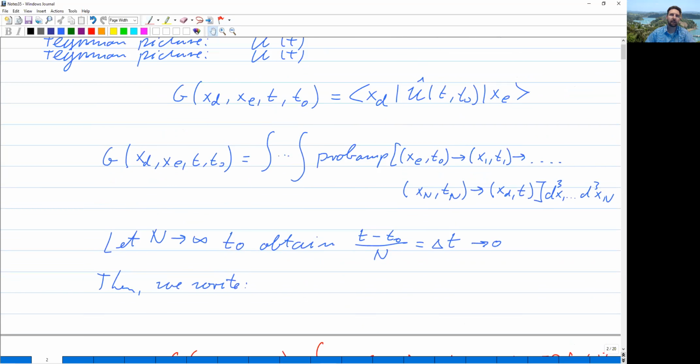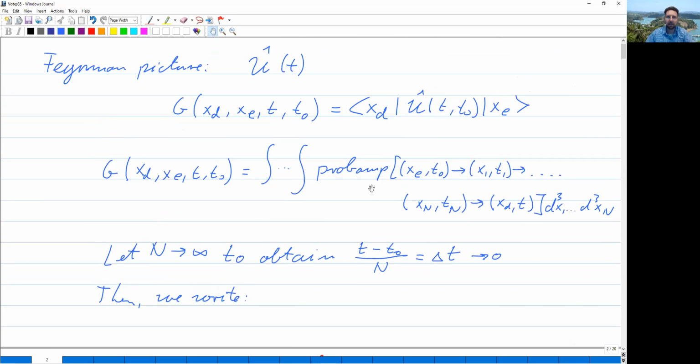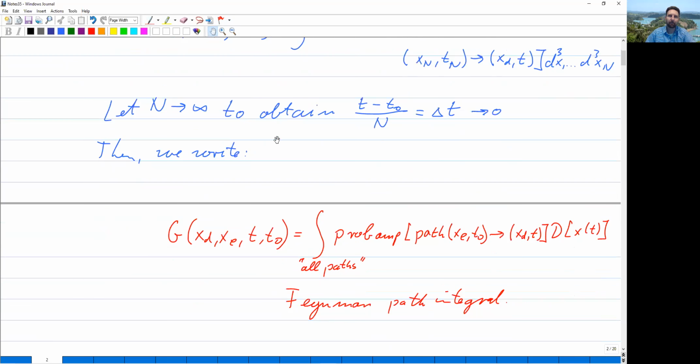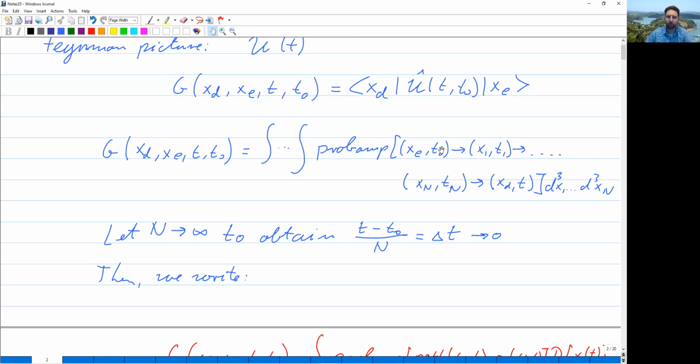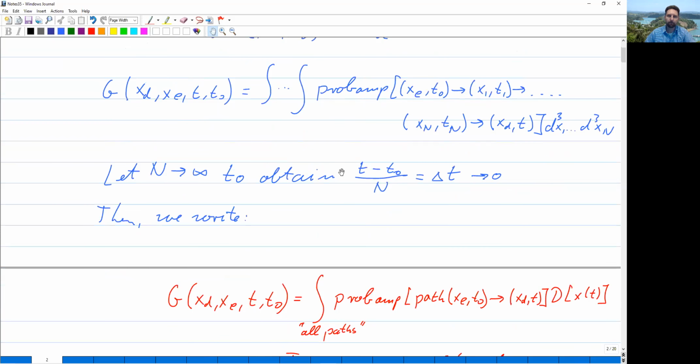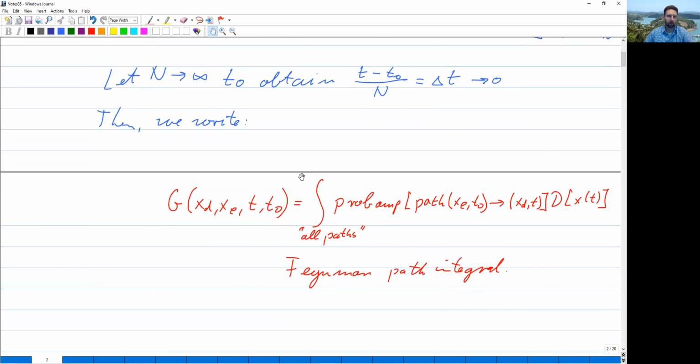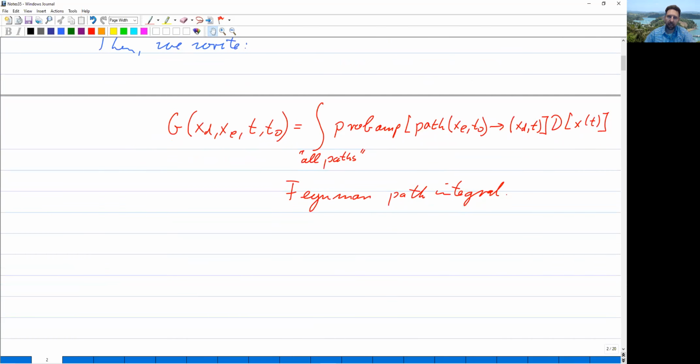Now, this looks like it's a lot of work. Namely, we have to insert all those intermediary points in time, and then if you remember how we arrived at this, we had to insert resolutions of the identity, and we get infinitely many of those as capital N goes to infinity.